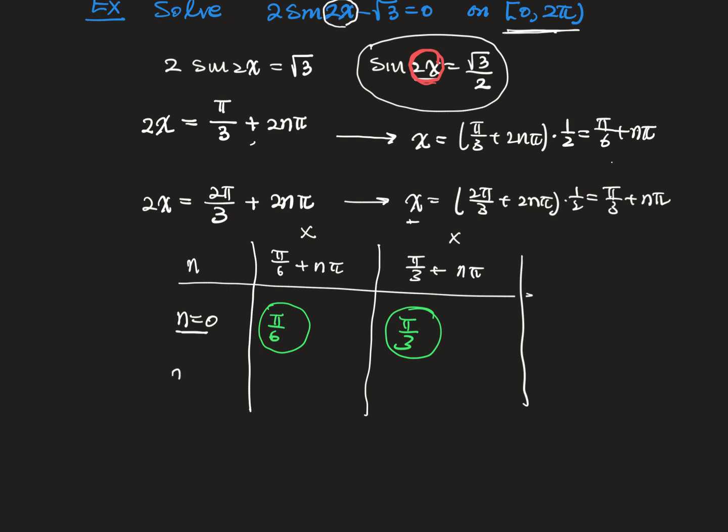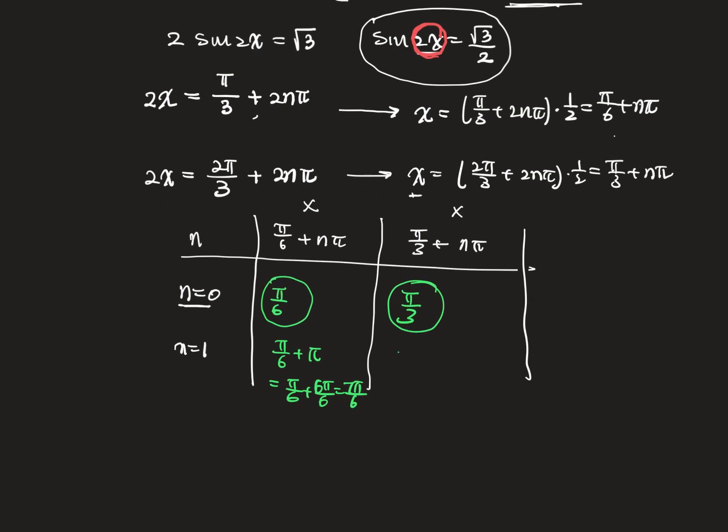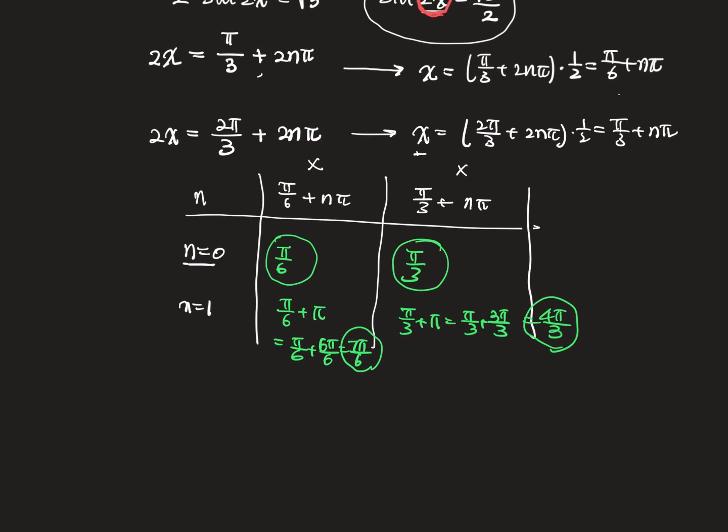Next one is n equals 1. Pi over 6 plus pi: pi over 6 plus 6 pi over 6 is 7 pi over 6. Pi over 3 plus pi: pi over 3 plus 3 pi over 3 is 4 pi over 3. So you have two more answers right there. Let's go one more time. N equals 2, what happens?